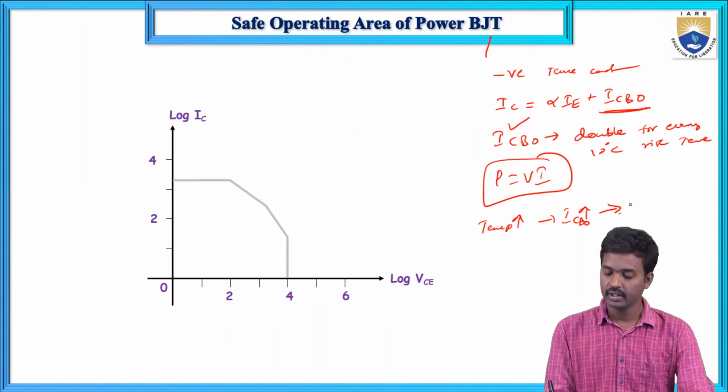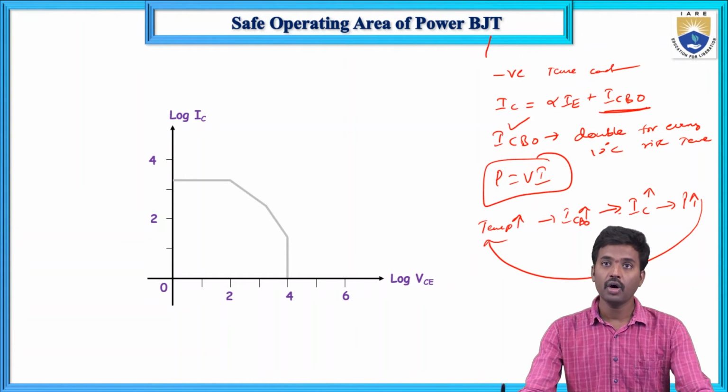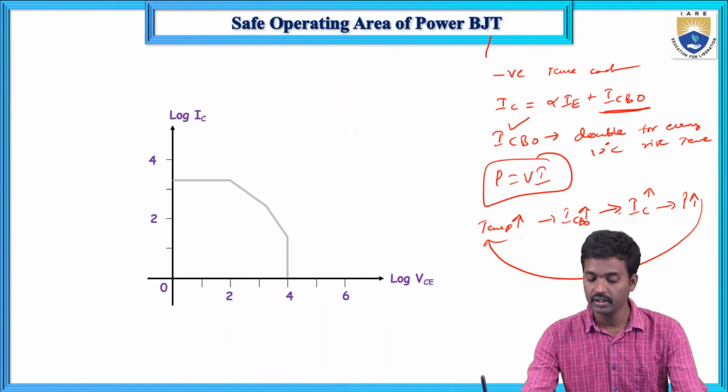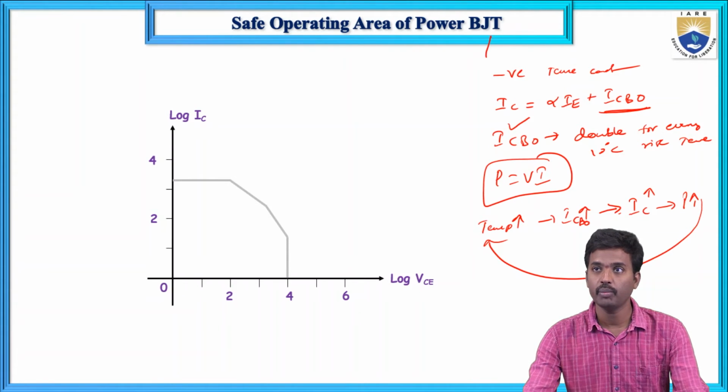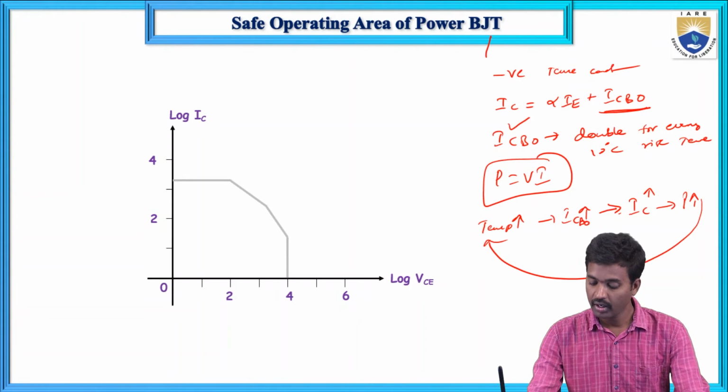ICBO increases and IC increases means power increases. Power increases means temperature again increases, so again the collector current is increasing. The current is increasing just because of the negative temperature coefficient, and the current is increasing over the same area in the power BJT.